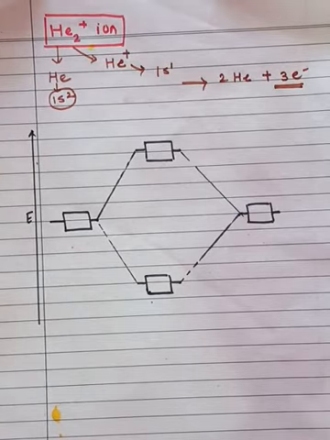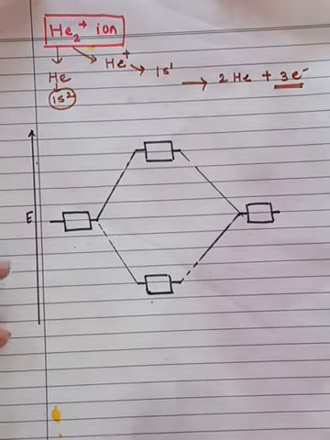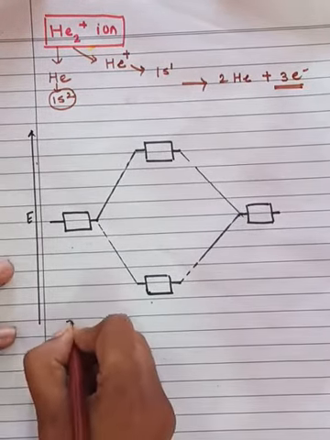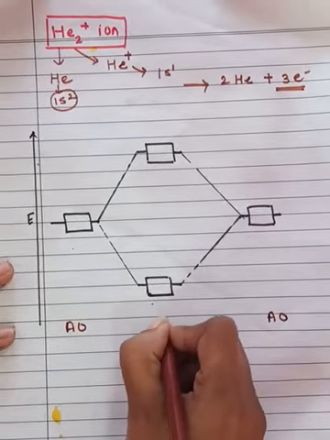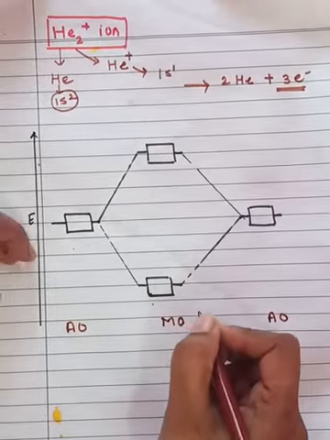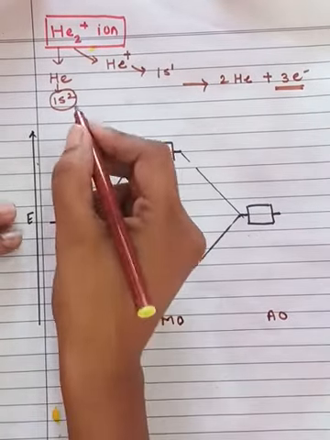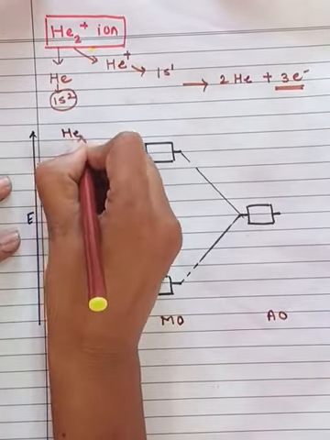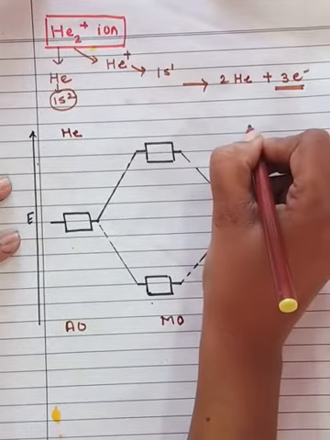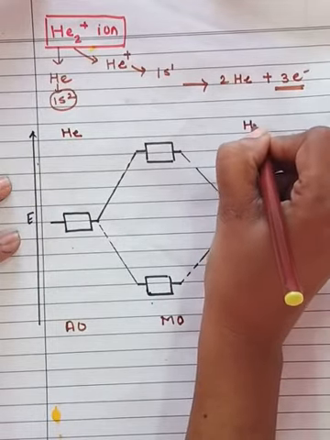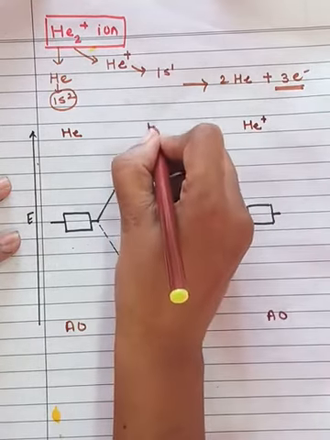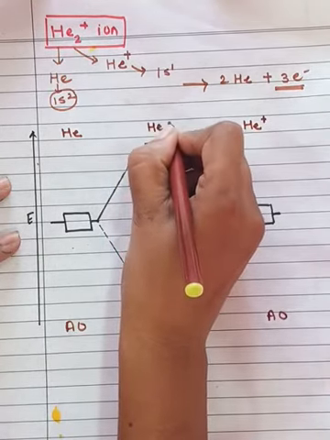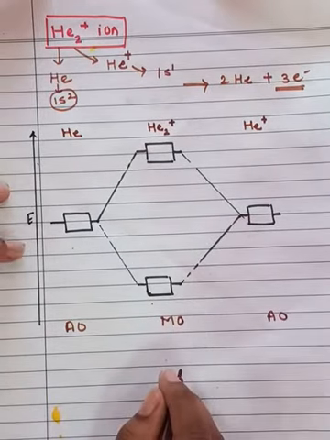Now let us move to the MO energy level diagram. Again, to the sides we have the atomic orbitals and at the center we have the molecular orbitals. The first atomic orbital is for the first atom, that is the helium, and the second atomic orbital is for the He plus, whereas the molecular orbital is for the ion, that is the He2 plus ion, right?